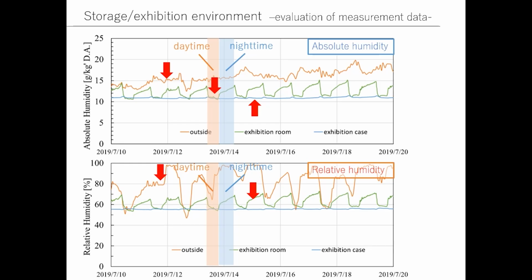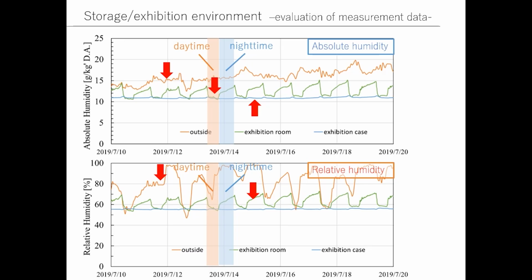If artifacts are displayed in the exhibition room without being put in a case, the water content of the artifacts will increase and decrease every day. Therefore, if it is a fragile object, such as wood, there is a risk that cracks will form due to the changes in volume caused by changes in the water content.